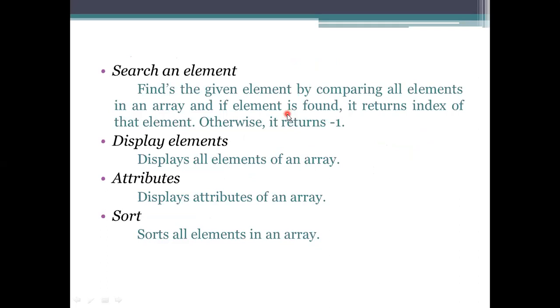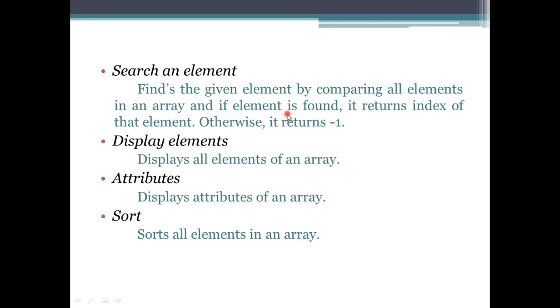We need to give the element we are searching for. If the element is found, it will display the element along with its index value. If not, we can specify it as element not found.